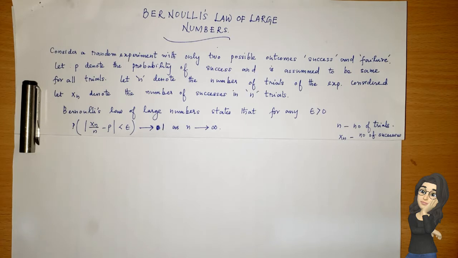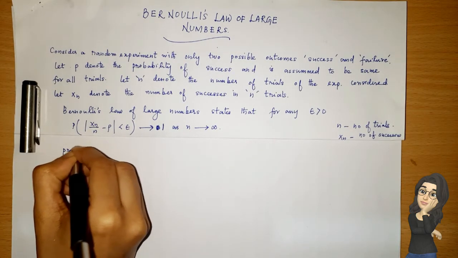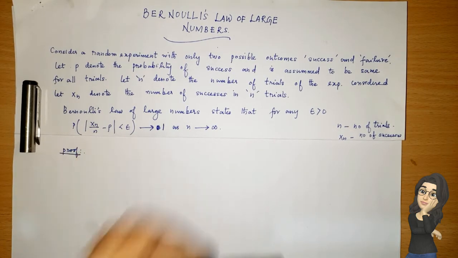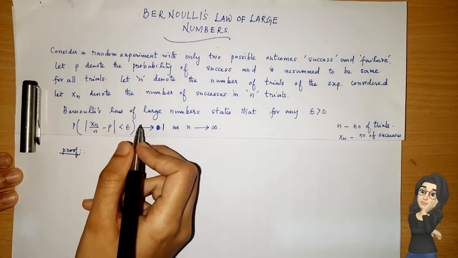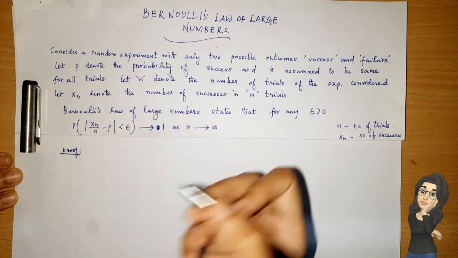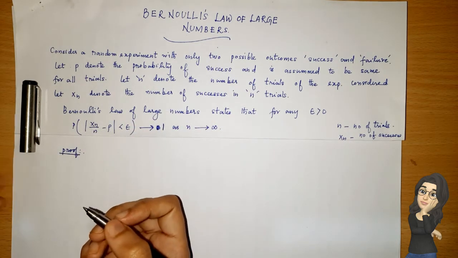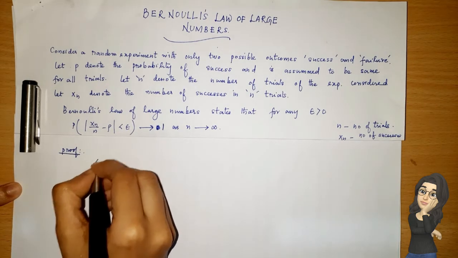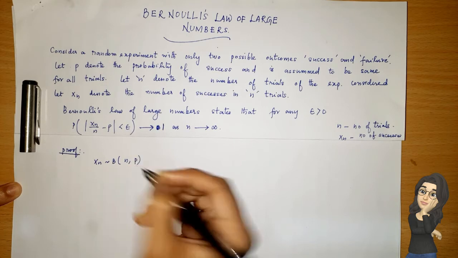Now we are going to move on to the proof. To prove this limit, the Bernoulli's law of large numbers, we have already said that Xn follows binomial(n, p).